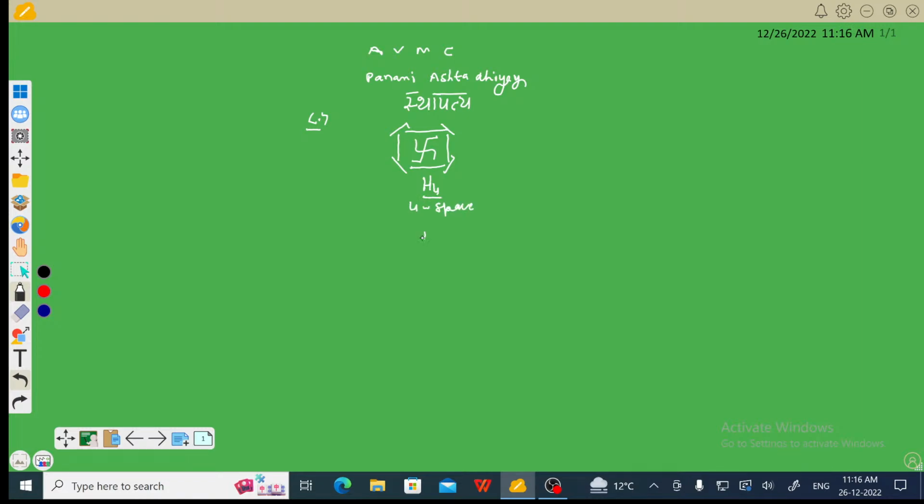This is Srishti Karta's Srishti 18, Kriti 14, total 32. This is the foundation as hypercube 4.